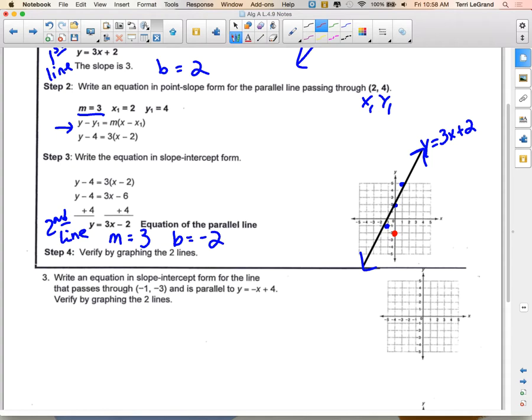And use the same slope as we did for this last one. Up 3 over 1. Oops, I went 4. And draw our line. At the tip of that one's line, put its name, y equals 3x minus 2.